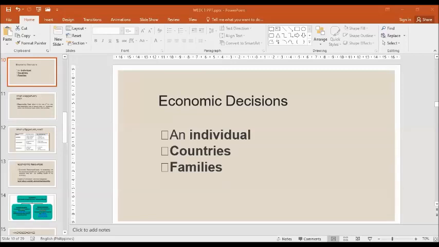And then also the countries. The countries have to make a bigger decision with regards to making policies, government policies, or rules and regulations that influence the decisions of every individual.